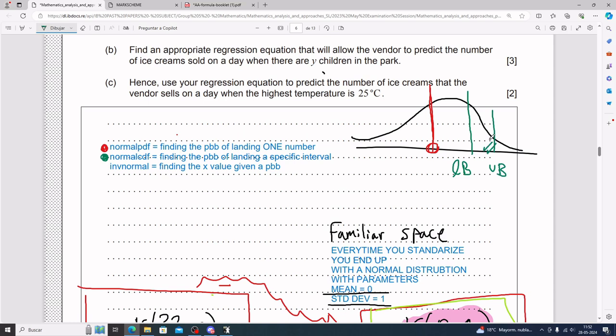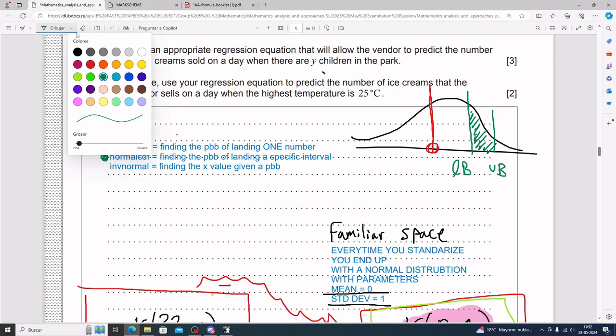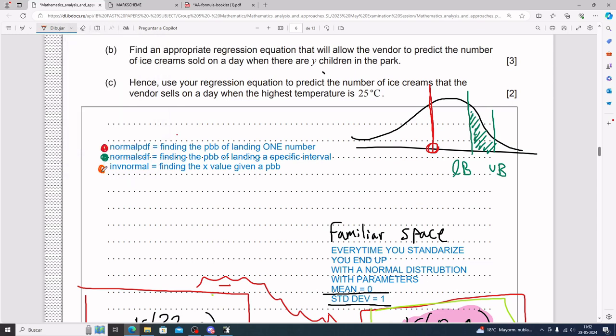What's the probability of landing in this area? See? That is what normal CDF is asking for. And inverse normal is basically like, this is my area, what is my X? What is this X value? See? So inverse normal reads left to right.